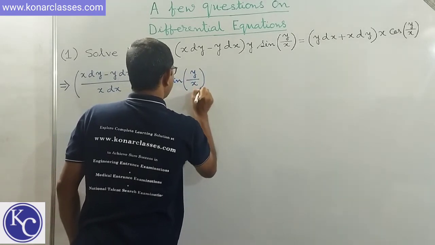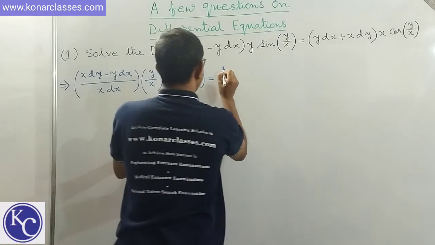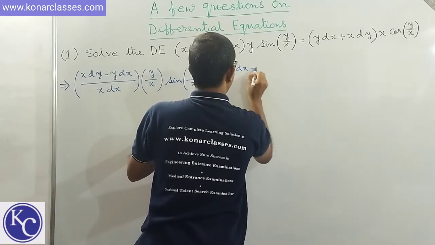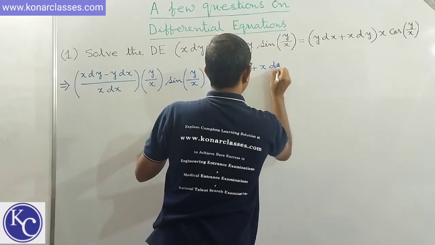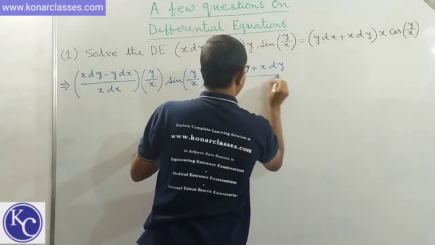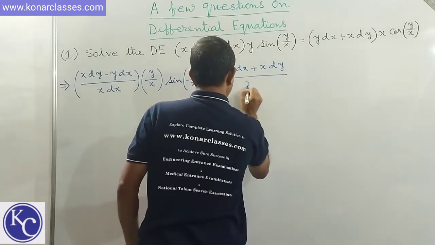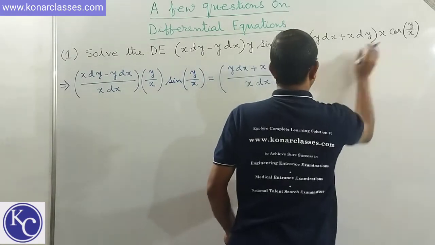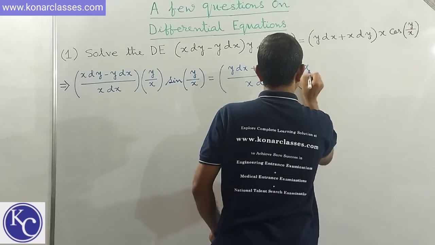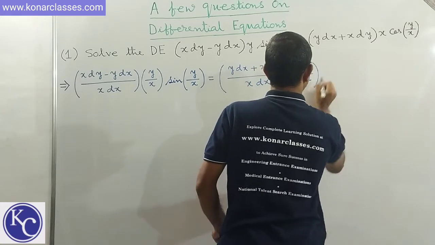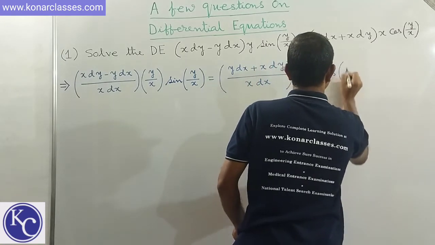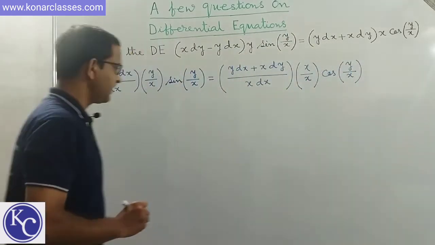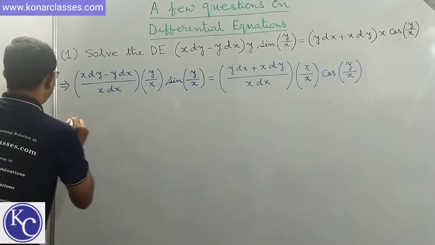And on the right hand side, what we are going to get, dear students? In the same manner, we write (y dx plus x dy) divided by x dx into this x we are writing x by x, and cos(y/x). Correct? Now what we are going to get from here?